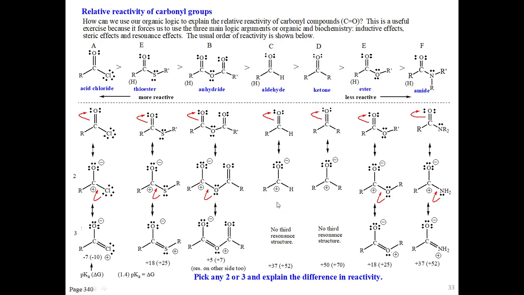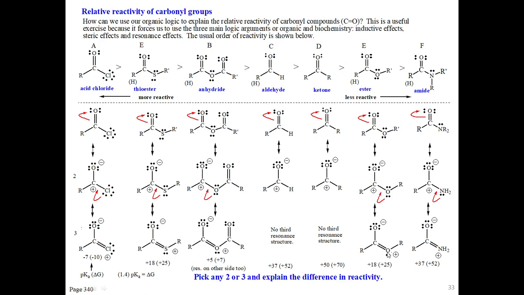Now, if we go beyond that, say we go to the ester right here. So the ester, when we get here, actually has another structure where we borrow these electrons in from the oxygen, and that's going to remove some of the partial positive. Now, this is an ambiguous situation because the electronegativity of the oxygen pulls the electrons away. That should make it more partial positive. And the resonance effect pushes the electrons in.